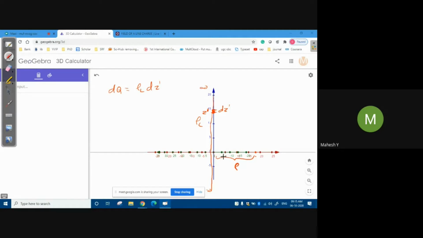Which coordinate system is better: Cartesian, cylindrical, or spherical? Okay, somebody said Cartesian. Why Cartesian? We always have to select based on the shape of the field it generates, right? That is the easiest method.